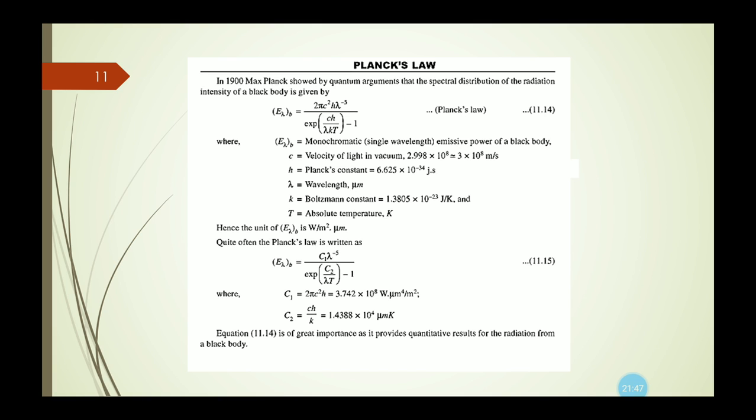Lambda is the wavelength, in micrometers. k is the Boltzmann constant, 1.3805 × 10^-23 joule per Kelvin. T is the absolute temperature. The unit of the monochromatic emissive power of a black body is watt per meter square micrometer. So this is the formula and statement of Planck's law.